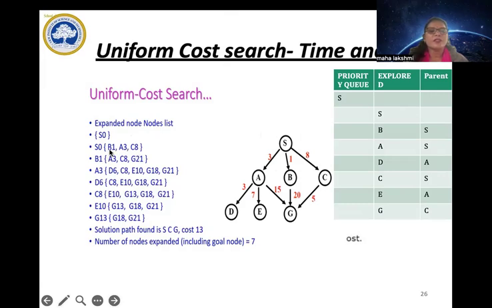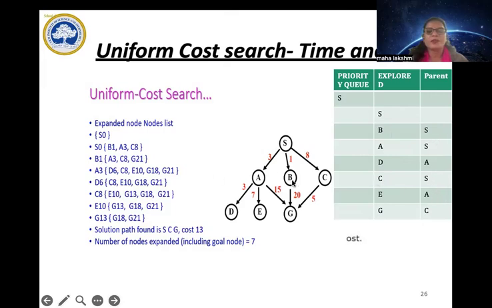Next, what is the first in the frontier after S0? B1. So B1 should be explored. Correspondingly, whatever explored nodes have been added in the tabular column as shown in the figure, and the corresponding parent nodes you just mention in the parent list, which is going to give us the final destination path.